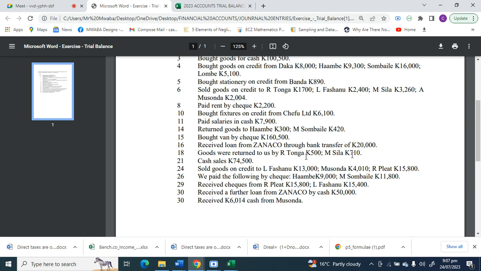Return inwards is contra revenue because it reduces your revenue. So here, these people are our receivables. So they return goods to us, which means how much they're owing us reduces. And they're our assets.